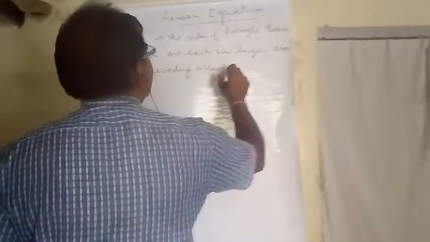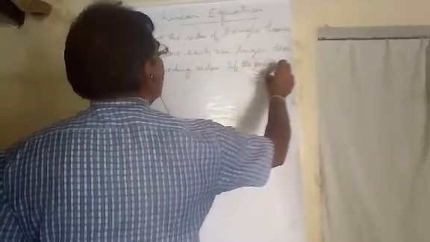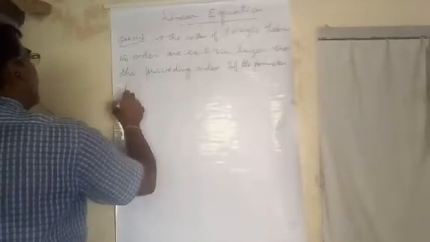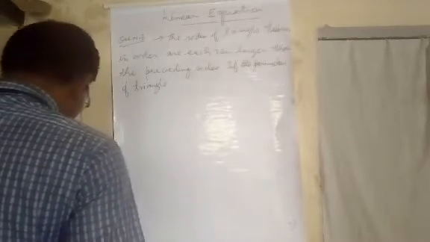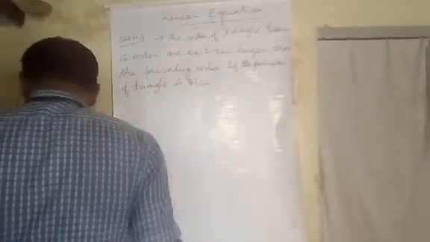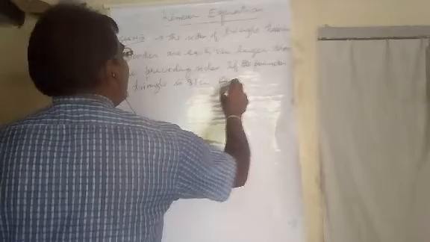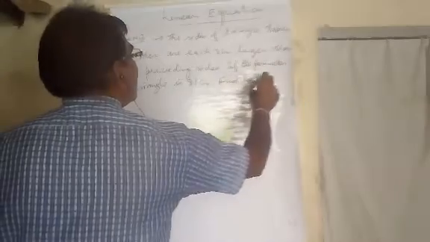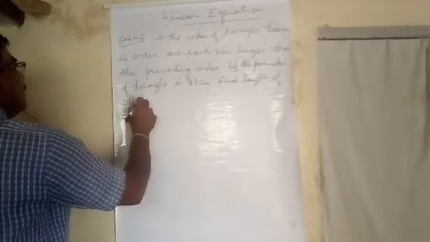If the perimeter of triangle is 81 centimeter, find the length of its sides.